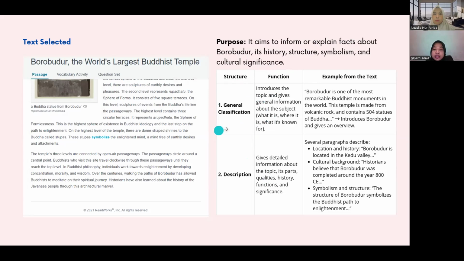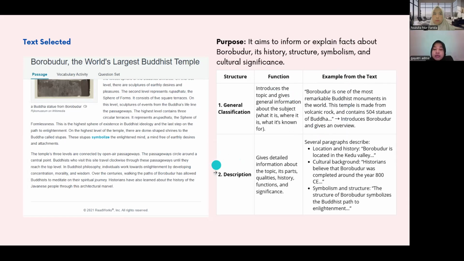In the general classification, the text introduces the topic and gives general information about Borobudur, what it is and what it is known for. And this is an example of the paragraph that talks about the introduction to Borobudur.